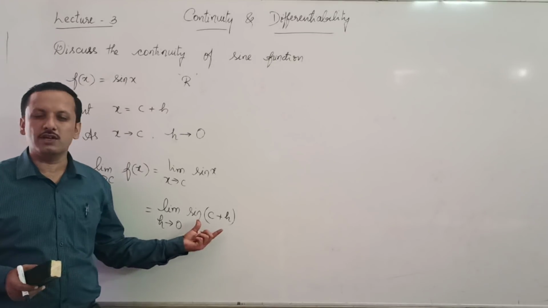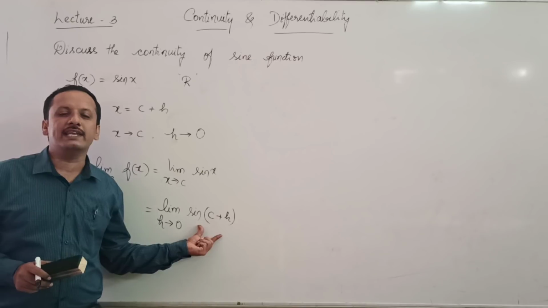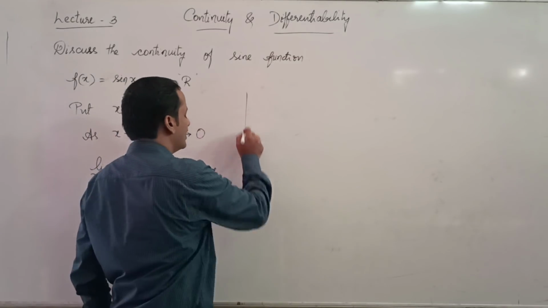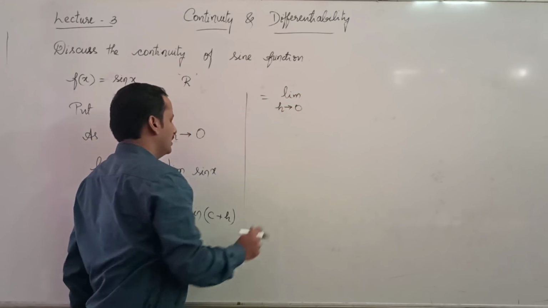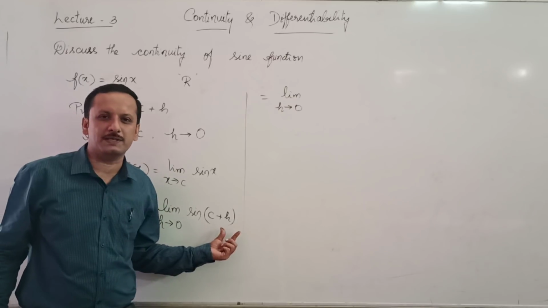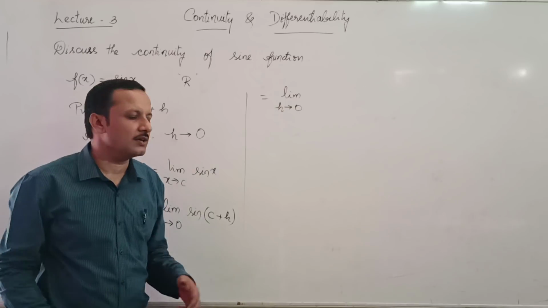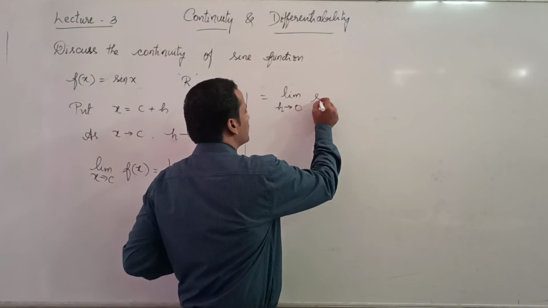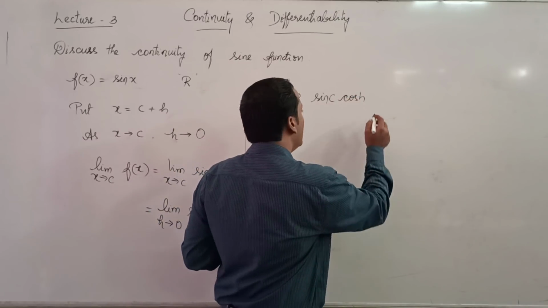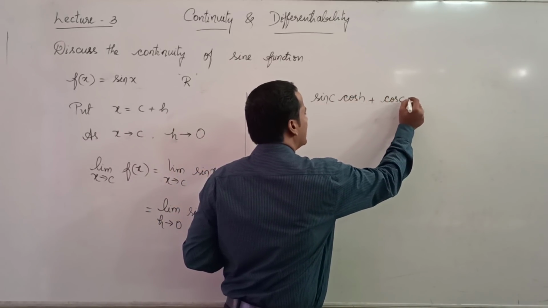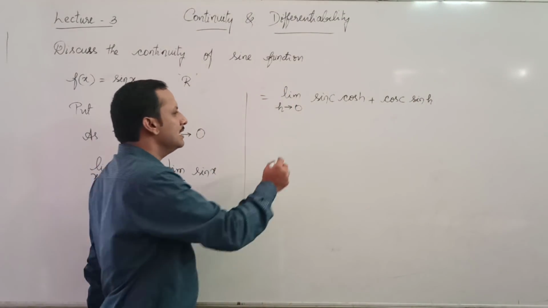Here I will use the sin A plus B formula, which is a well known formula. Sin A plus B is equal to, yes students, what is the formula for sin A plus B? Yes, you are right, which is sin A cos B plus cos A sin B. So if I use that formula here, I am getting sin C cos h plus cos C sin h.